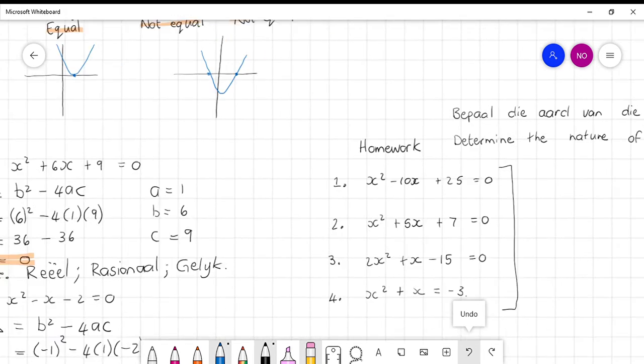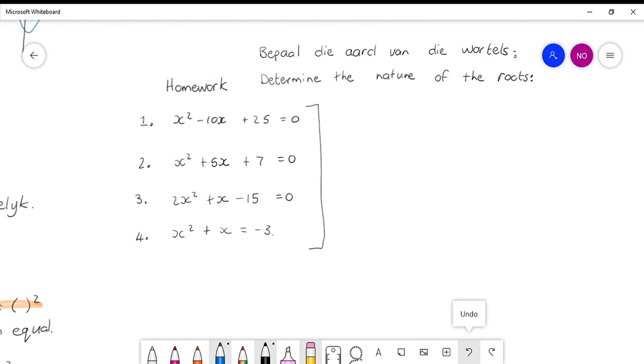Goed. So as ons dit het en ons gaan merk hierdie huiswerk, sien julle nommer 1 is klaar in sy standaardvorm. Do you agree? Number 1 is already in its standard form. So I'm just going to say for number 1, it's b squared minus 4ac. What is the value of b? Negative 10. Do you see?